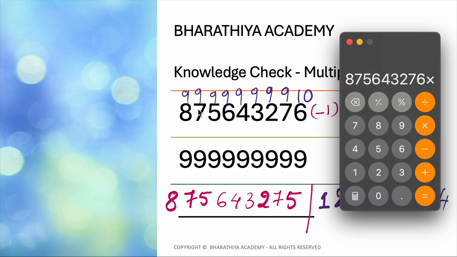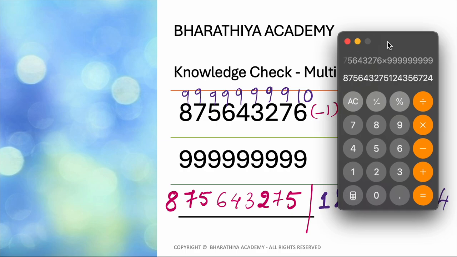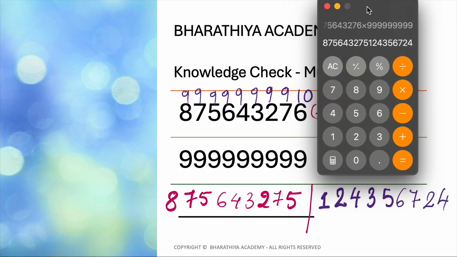So how many are there? 1, 2, 3, 4, 5, 6, 7, 8, 9 digits, right? So let's type 9 nines. Okay, equal to, let's check the answer that we have got.